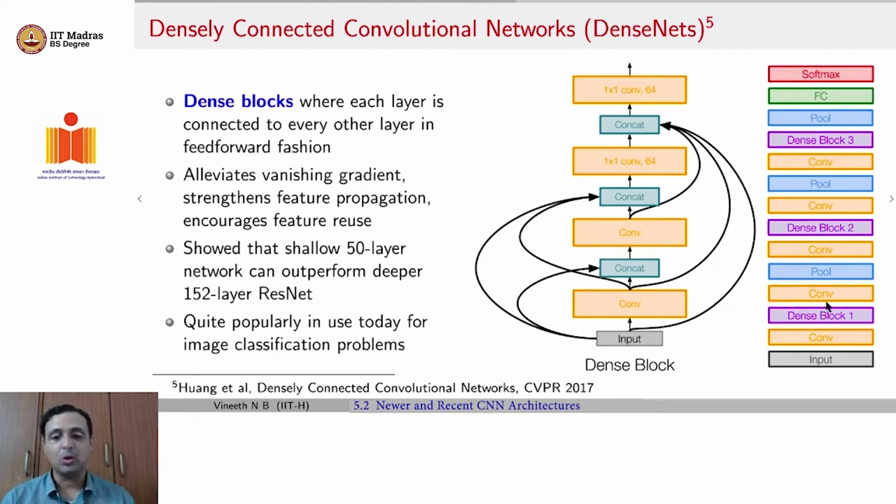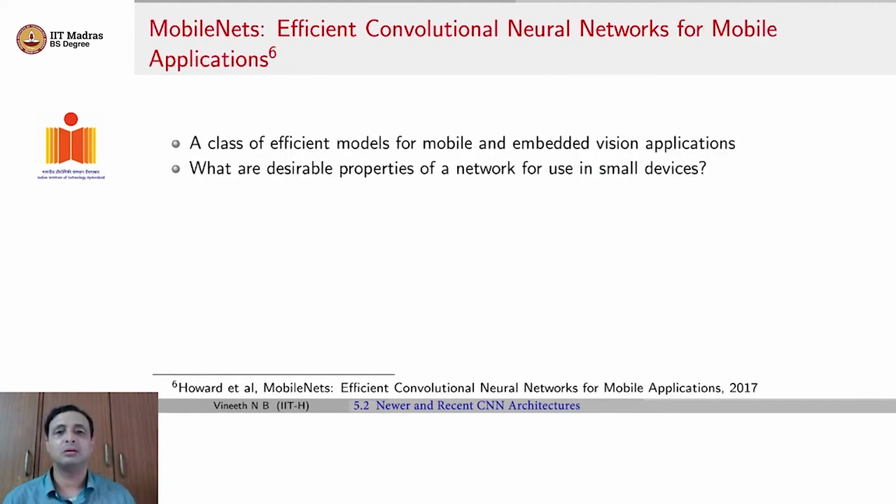After the dense block, you have a conv pool conv, once again dense block, conv pool conv, a dense block, pool, fully connected, and then finally a softmax layer for classification.